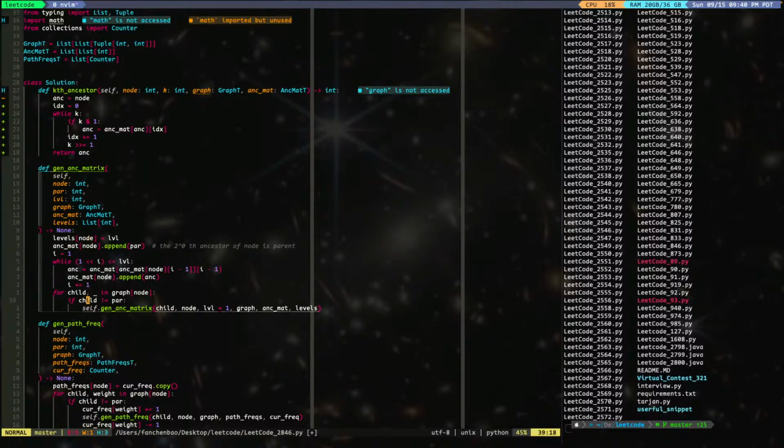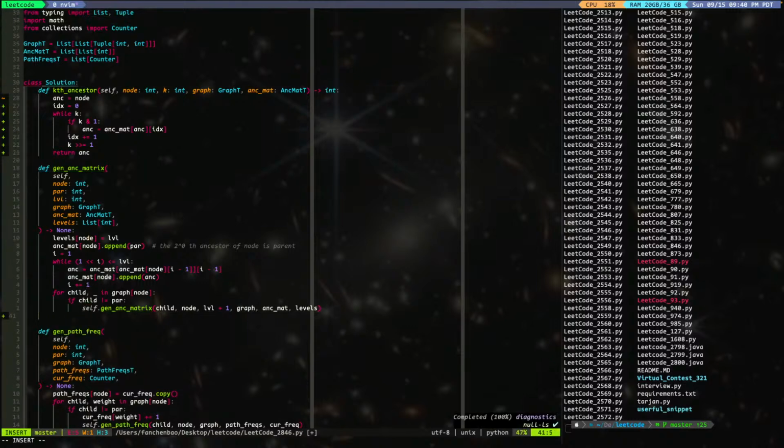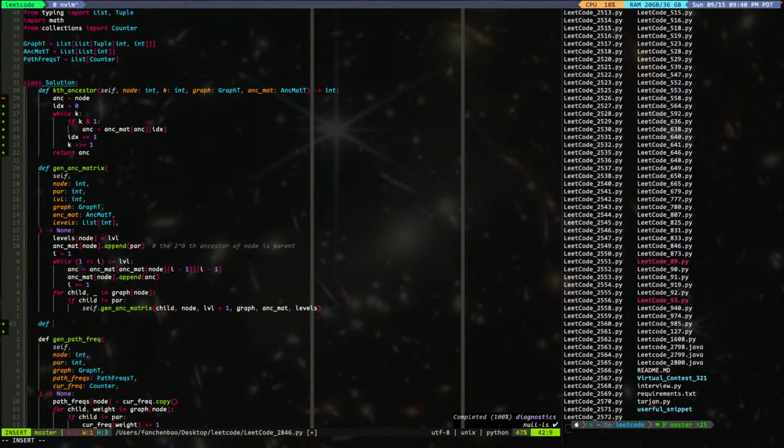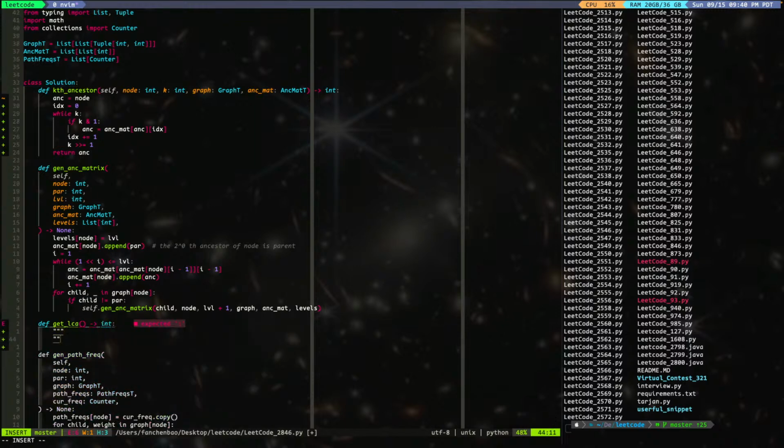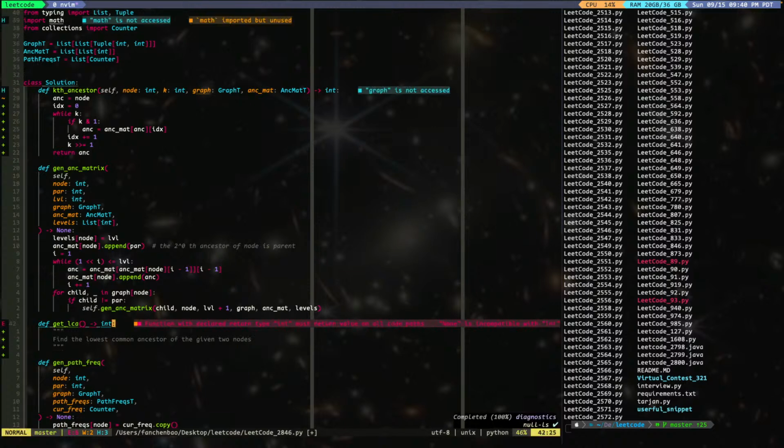So the next thing we need to do is def get lowest common ancestor, LCA. Find the lowest common ancestor of the given two nodes.